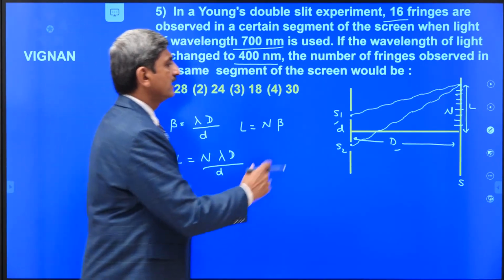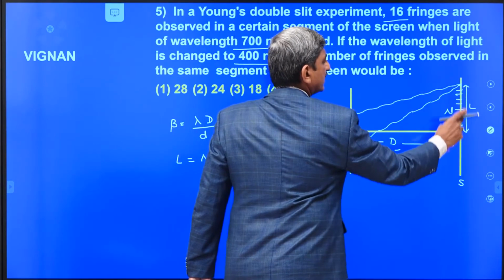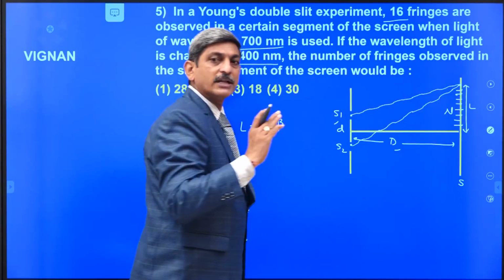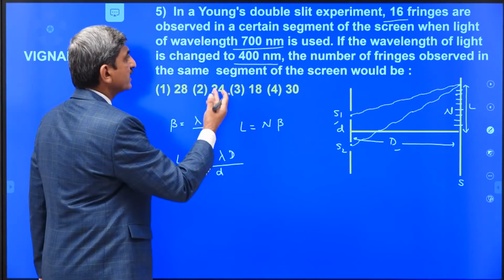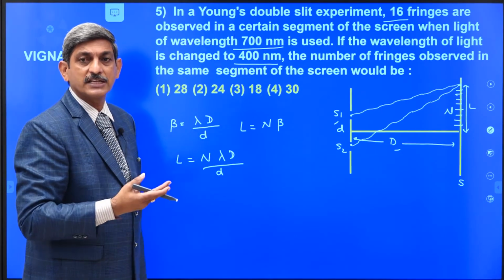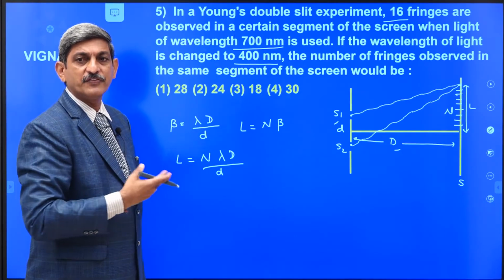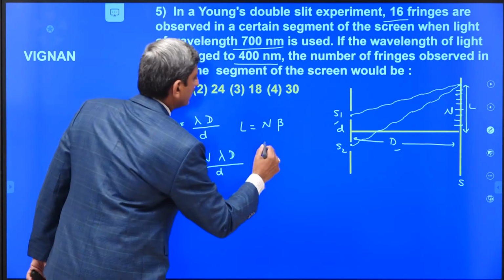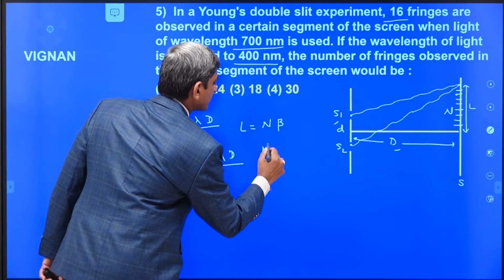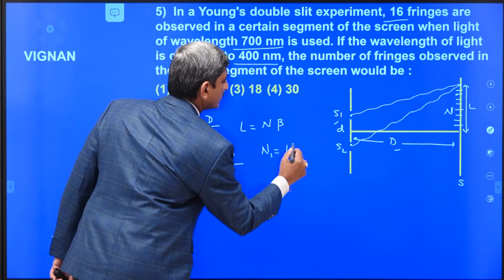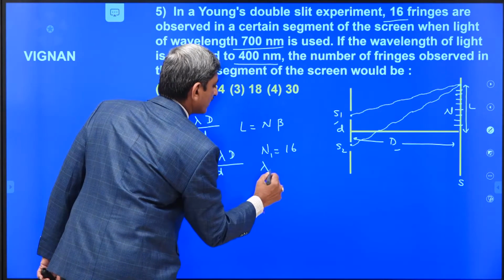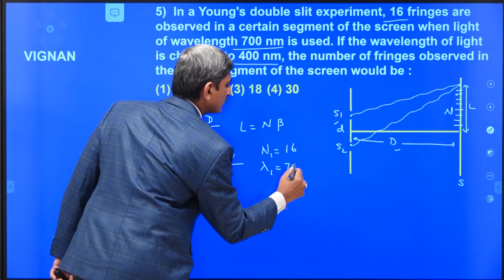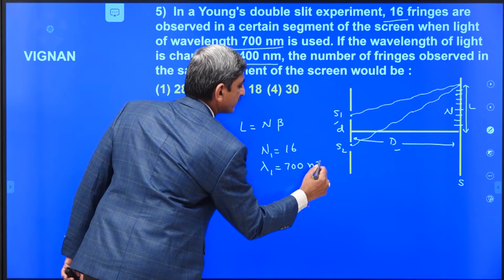It is given that in the first case and in the second case, they consider a segment of the same length. In the two cases, two different wavelengths are given and the number of fringes is to be compared. Here, the number of fringes in the first case, n1, is equal to 16, and the wavelength in the first case is lambda 1 is equal to 700 nanometers.